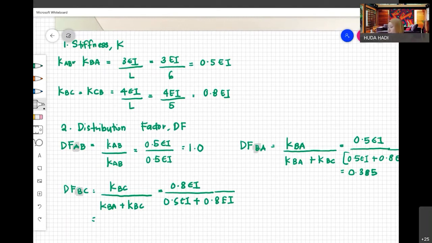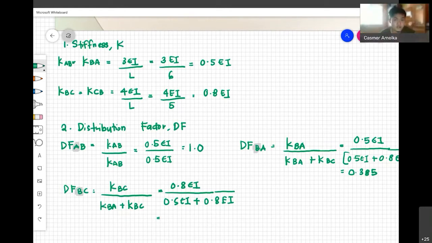So sama juga for BC, total stiffness dekat support B, it is 0.5 EI plus 0.8 EI sebab KBA plus dengan KBC. Then you just divide. 0.615. Okay, betul. Thank you.